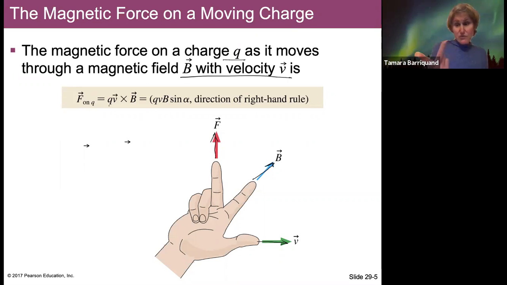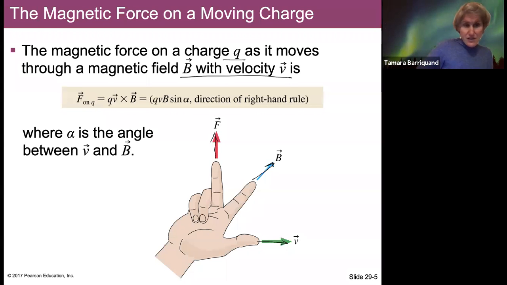We can turn our right hand in any direction that we need to get the cross product of V cross B. We can also do what I prefer, which is to point our fingers in the direction of V, then curl them in the direction of B, and now our thumb will point in the direction of F. Again, in this case, alpha is the angle between V and B.